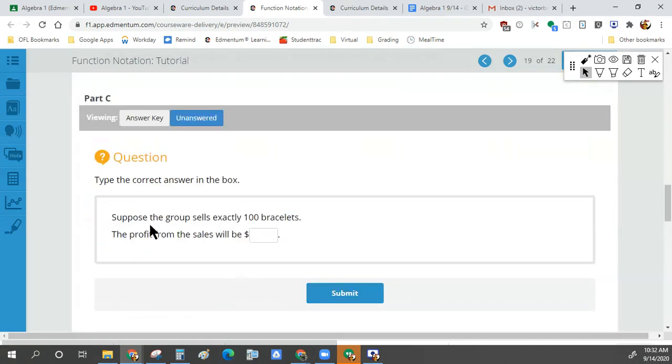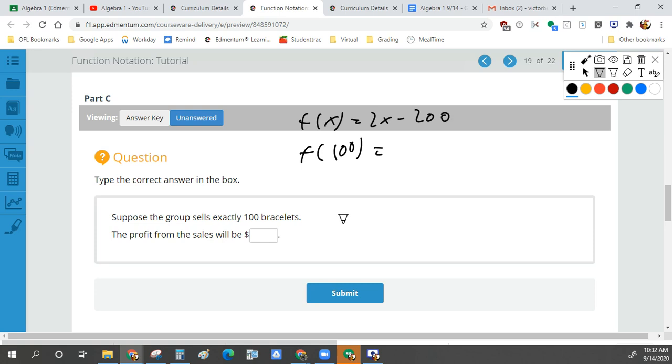All right, and this next one is if the group sells 100 bracelets, how much money did they make? So what they're asking is f of 100. So we're going to copy our f of x, except wherever we saw an x, we're going to put a 100.